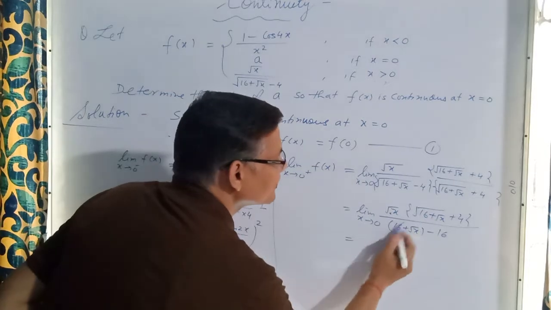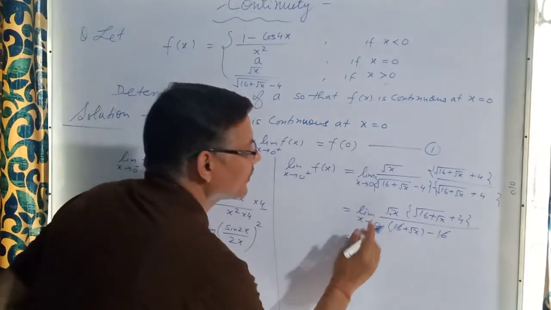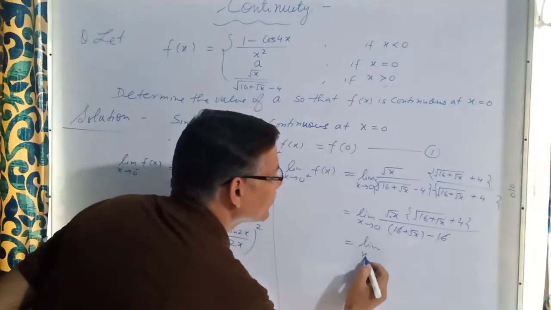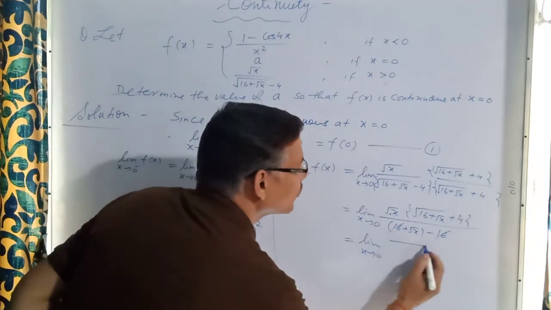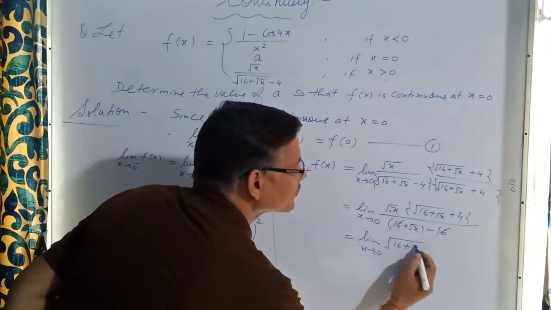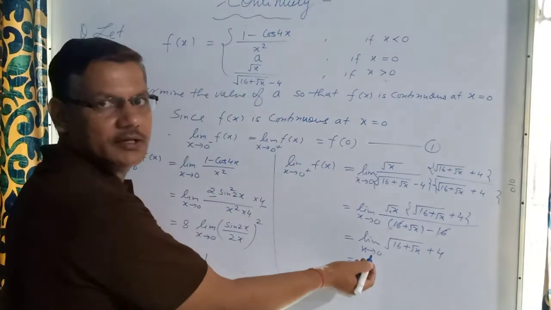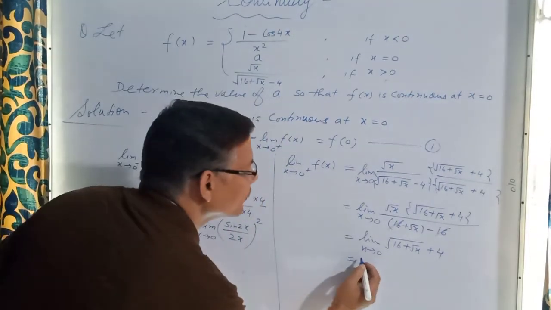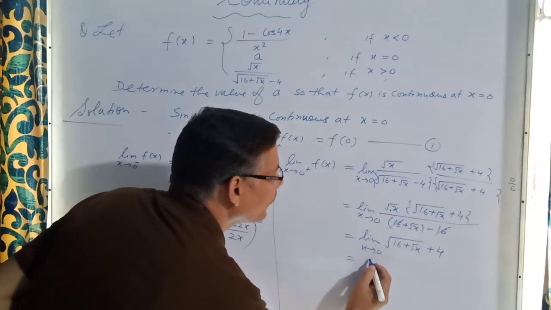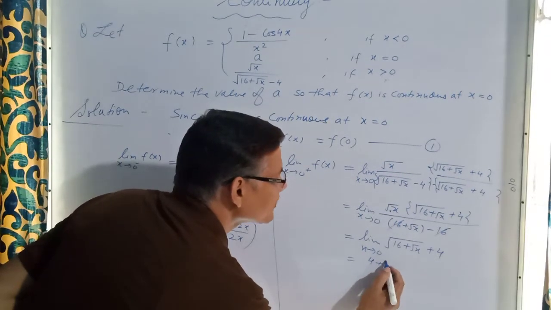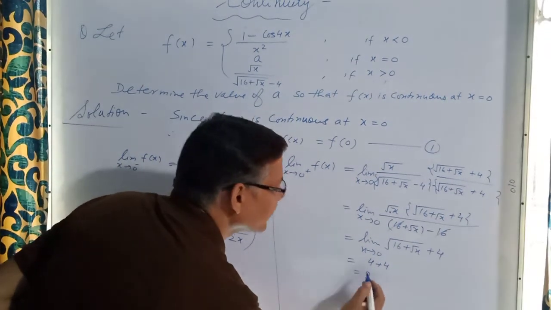Now 16 out, root x out, we get limit x tends to 0 of root over 16 plus root over x plus 4. Now we may take the limit, and putting x equal to 0, we get 4 plus 4, this is equal to 8.